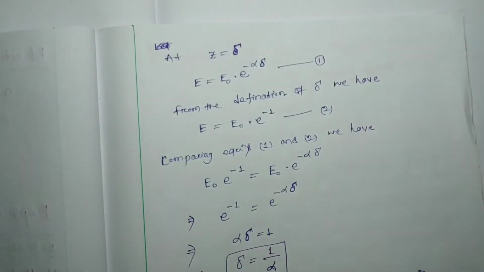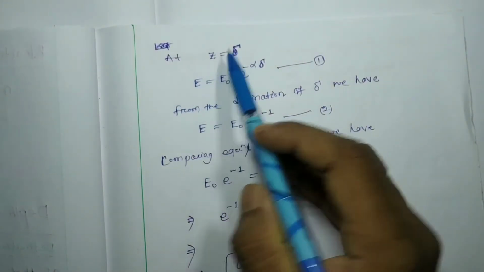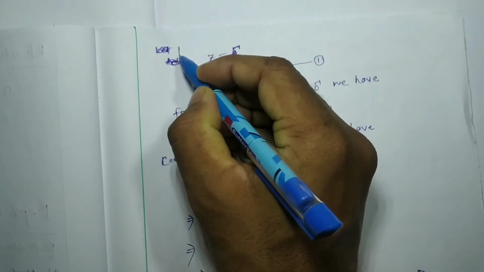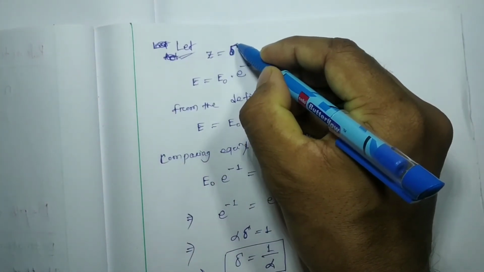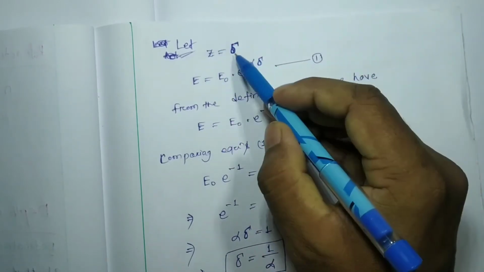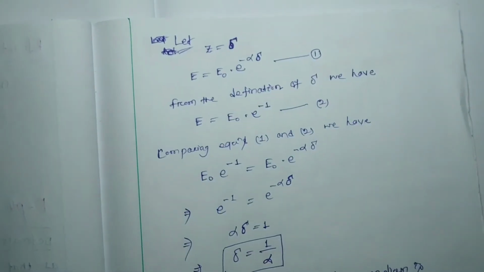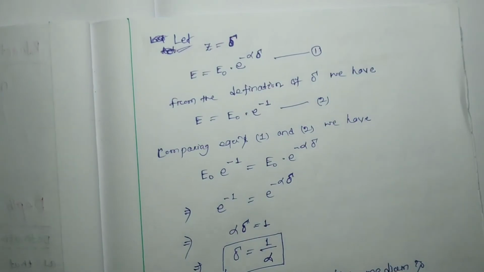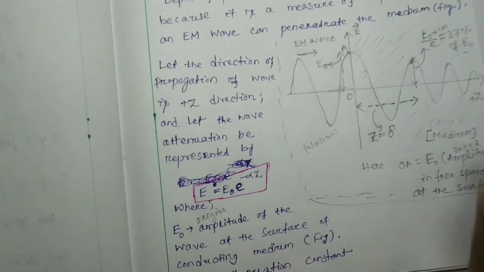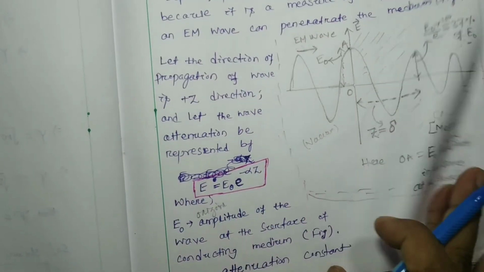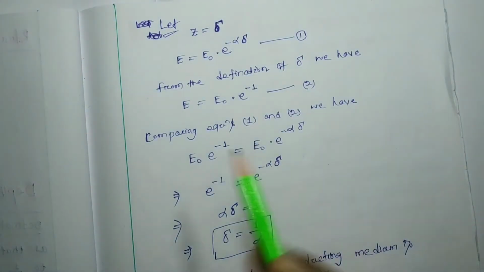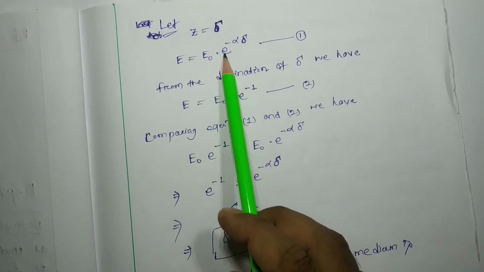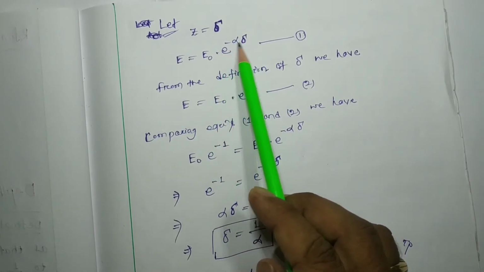So here let z equal to delta, because we have to find this delta. The attenuation equation then becomes E equal to E0 into e to the minus alpha into delta.